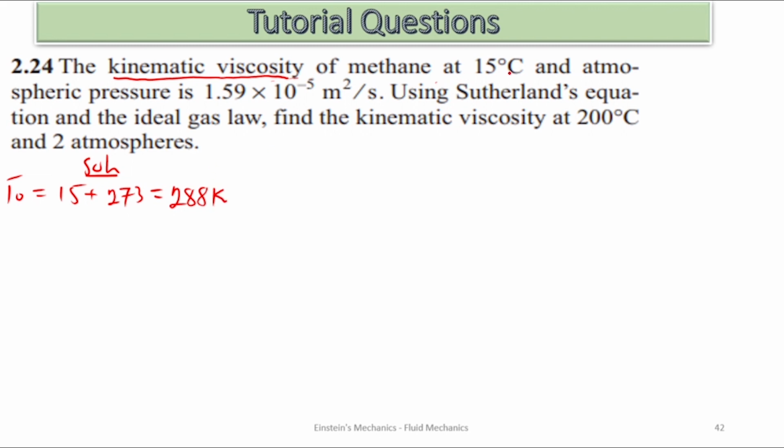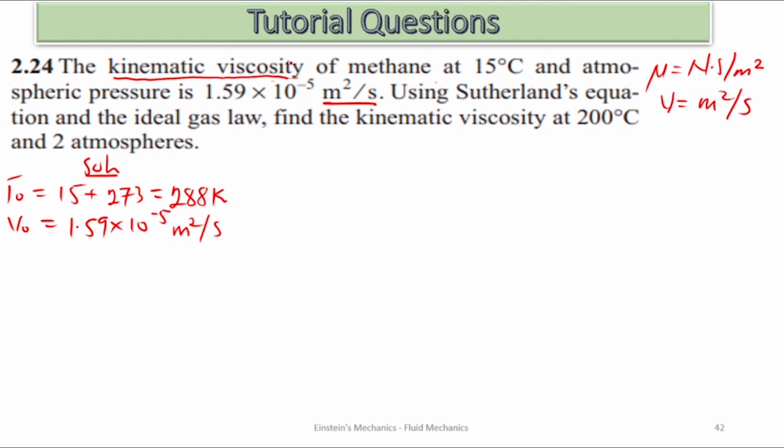The kinematic viscosity at 15 degrees Celsius and atmospheric pressure is V naught, since it's the initial one given, 1.59 times 10 raised to the power negative 5. Even the unit tells you we are working with kinematic viscosity: with mu, the unit is Newton second per meter square, and with V, it is meter square per second.